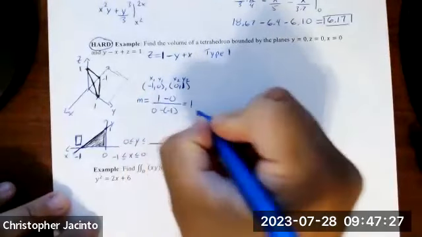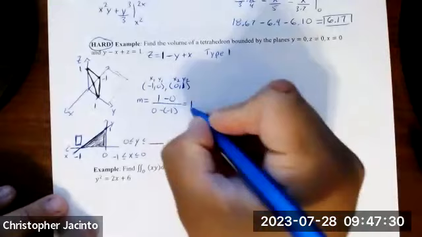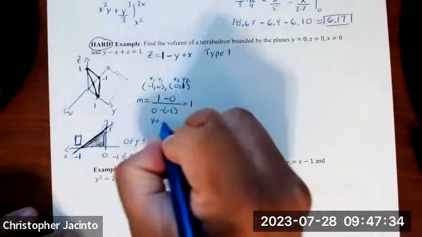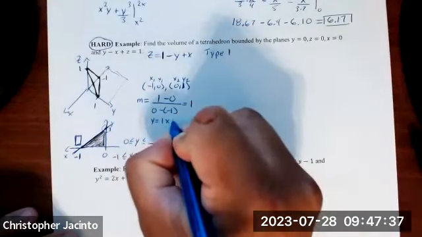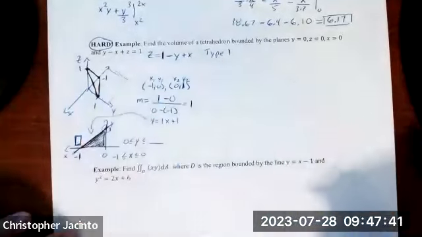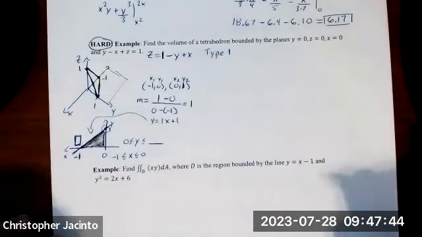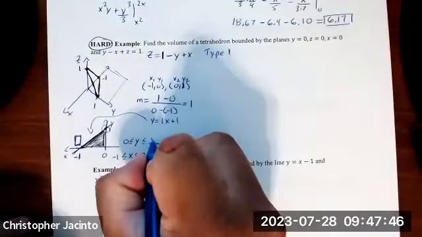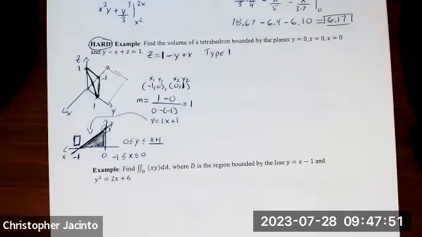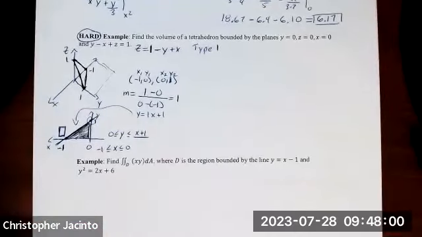So slope is 1, and our y-intercept is 1. So this is y equals 1x plus 1. This is the line there. So y goes from 0 to the line x plus 1. Right. So now we have our bounds.